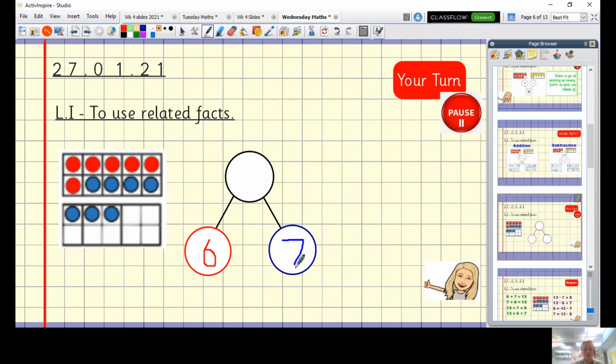Okay, and in total, I've got 10, 11, 12, 13. So I want you to press pause now and write down all of the related facts, both addition and subtraction. So our adding and our take away number sentences for these numbers. Press pause, off you go.